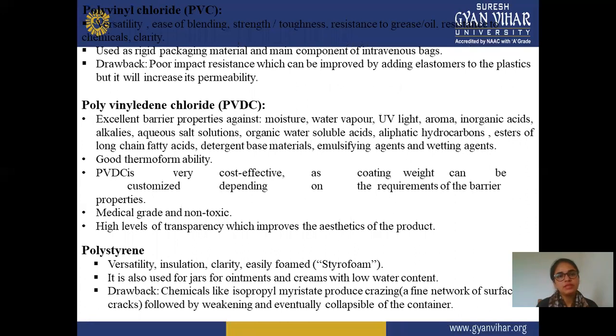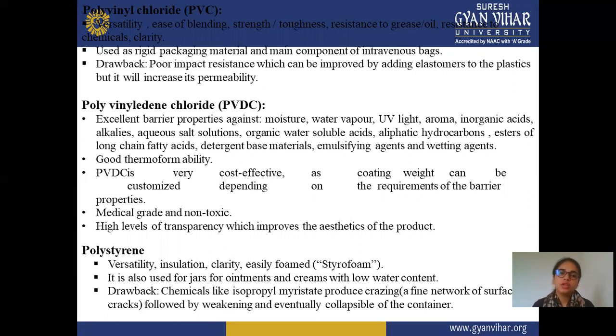Next plastic is PVC, that is polyvinyl chloride. It is versatile, easy to blend, with strength, toughness and resistance to grease. It also has resistance to certain chemicals or certain oils, and clarity is also good. It is used as a rigid packaging material, and the main use is intravenous bags.